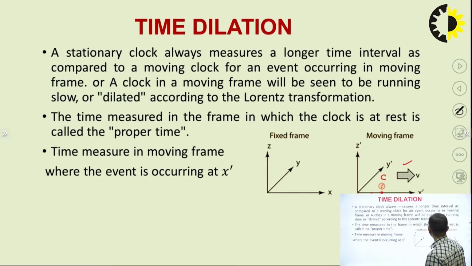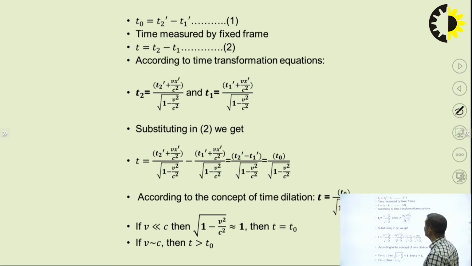Now if we consider that there are two events with respect to the moving frame, one event occurs at time t1 prime, that means the first event with respect to the moving frame occurs at time t1 prime, and another event occurs at time t2 prime. The time interval measured between these two events with respect to this frame, the moving frame, is t naught. Then simply we can write the value of t naught as t2 prime minus t1 prime.